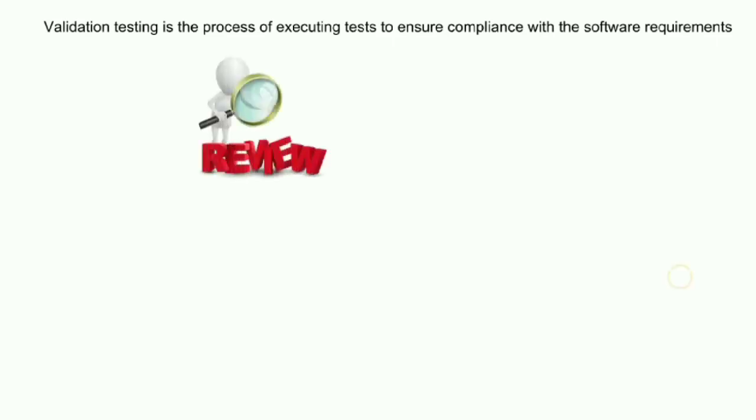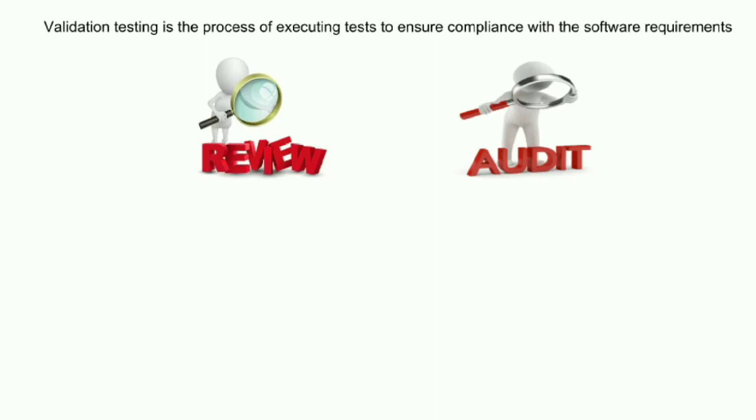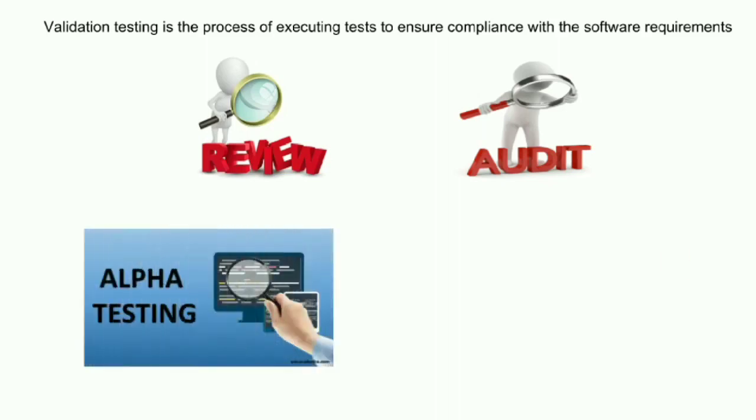Validation testing is a process of executing tests to ensure compliance with the software requirements. Review or audit. Audit determines whether the specified procedure is followed and the goal of the process is satisfied. It is done by auditors who are not developers.